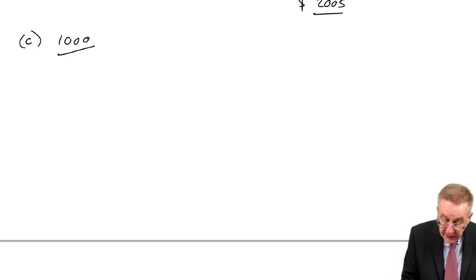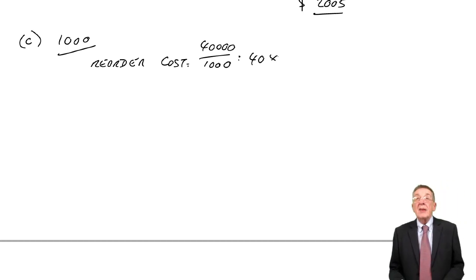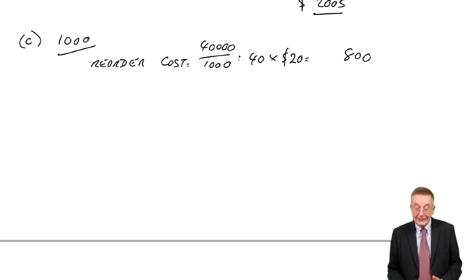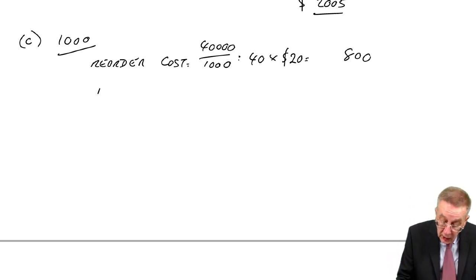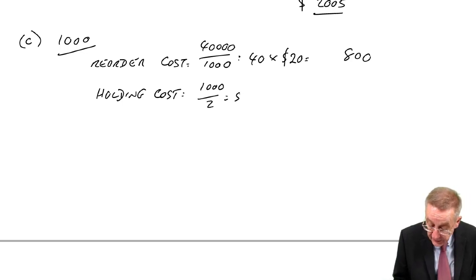If we order 1,000 units each time, the reorder cost, we still need 40,000. 1,000 units each time is 40 orders. And at $20 per order, that falls to $800. The holding cost, 1,000 units each time, so the average inventory is 500.